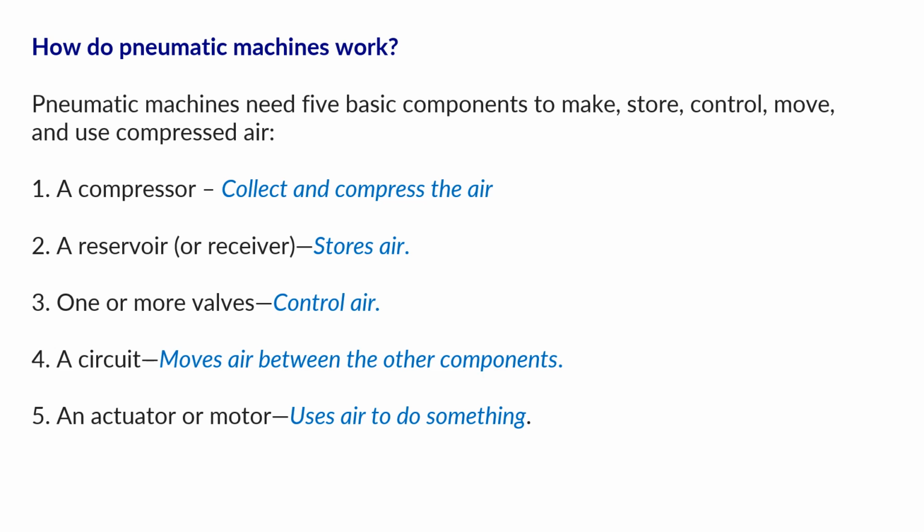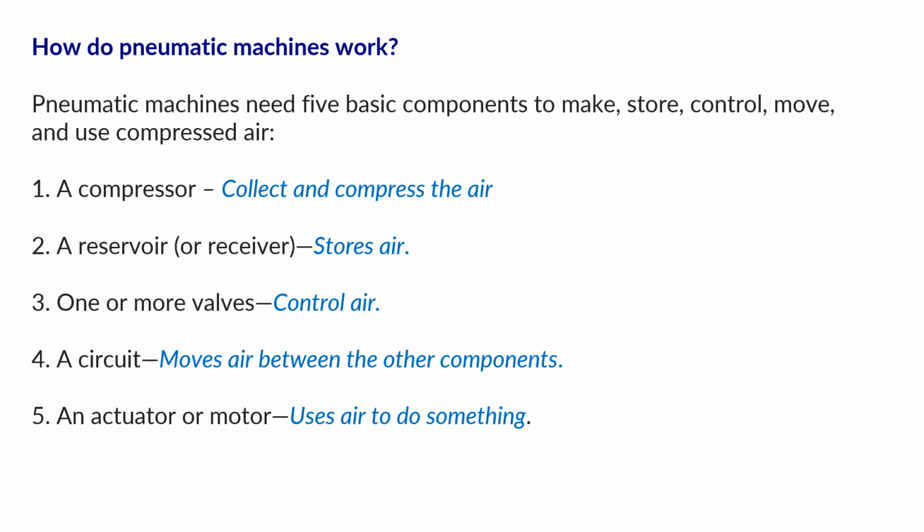There are 5 basic elements to a pneumatic system. The first is a compressor. This consists of a pump and a motor which is used to collect and compress the gas, or the air in our case. The second is a reservoir or receiver. This is used to store the compressed air or gas.